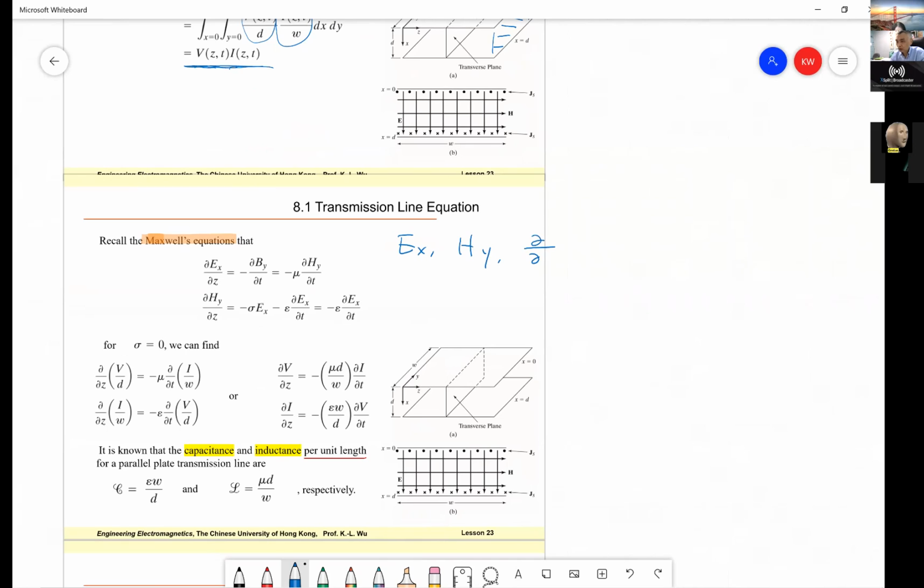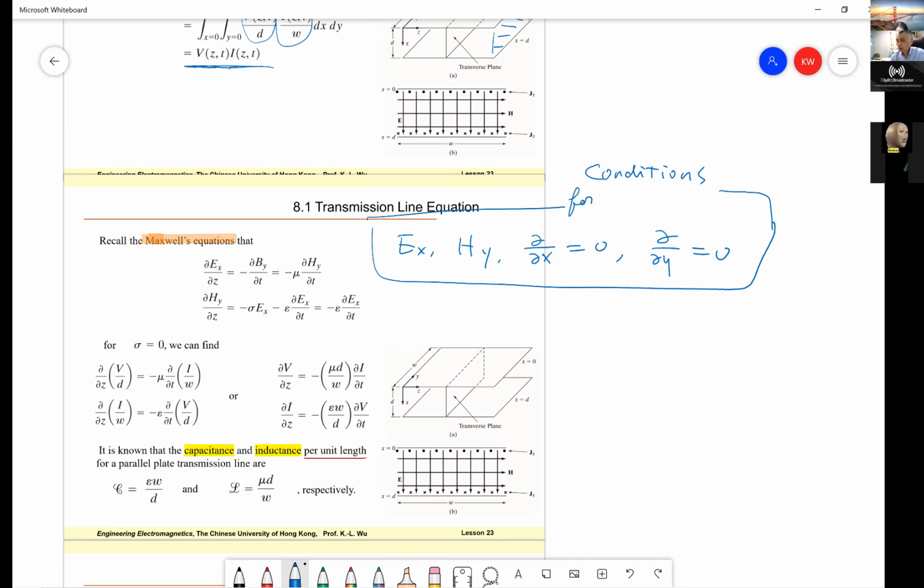The field does not change with X, does not change with Y. These are the conditions we use for plane waves, so exactly the same equations should be satisfied.